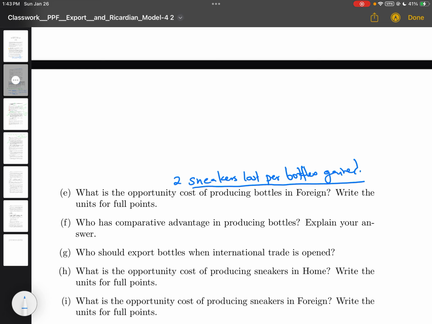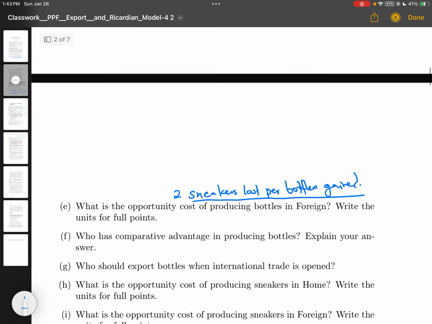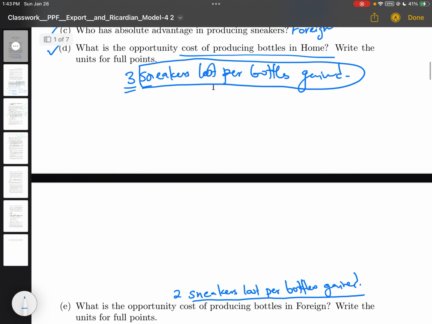So who has comparative advantage in producing bottles? Take a quick look at this and pause the video. What do you think the answer is? Who has the lower opportunity cost of producing bottles, home or foreign?